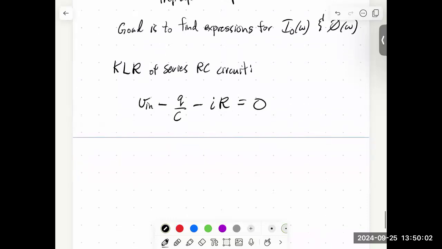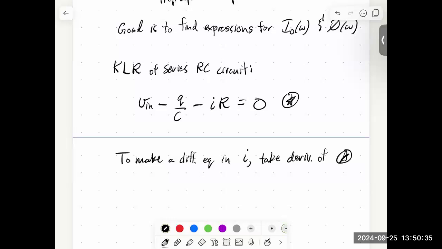So the problem we have here, and we've seen this problem before, is we have charge and we have current. I want to have a differential equation in one of those variables. To make a differential equation in I, we're going to take the derivative of this equation, let's call it star. So I'd have dVn/dt.